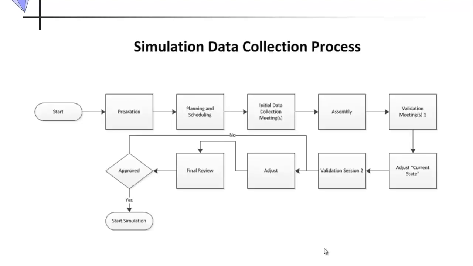Okay, let's jump in on the data collection process aspects of a change management program. In the beginning, we start with preparation. Preparation is really important, as you can imagine, else I wouldn't put it on this flow chart. But it's also an area where people really, quite frankly, mess up.